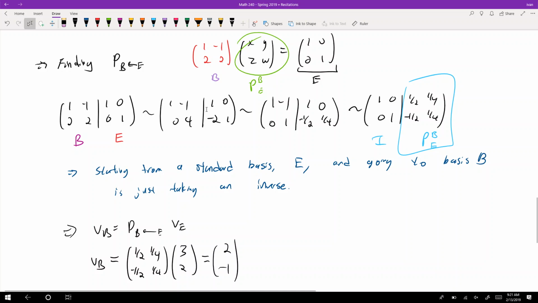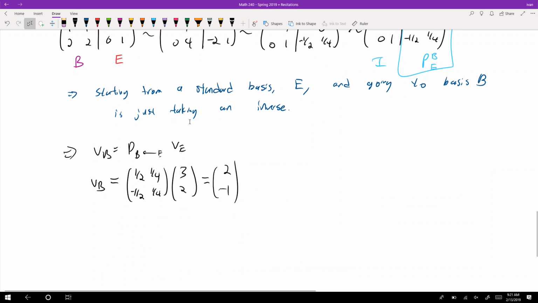Okay, so a few notes before we jump to another example. Number 1, if the basis is unstated, assume the standard basis.